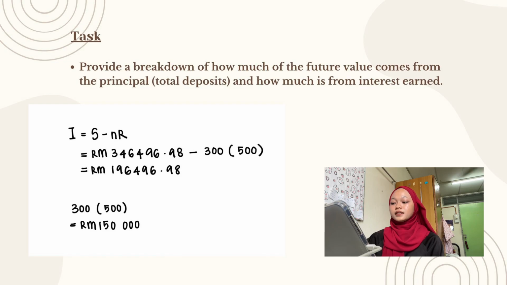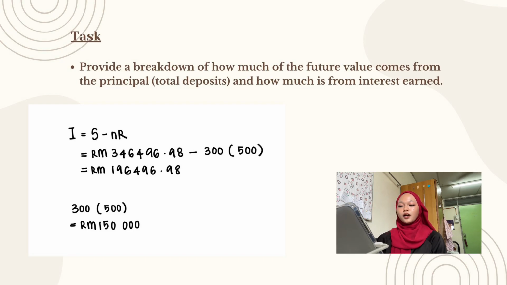S will be 346,496.98 minus 300 multiplied by 500, and we will get 196,496.98. To find how much is from the deposits, we need to multiply n with R, which is 300 multiplied by 500, and you will get 150,000 ringgit, and this is the total deposits.